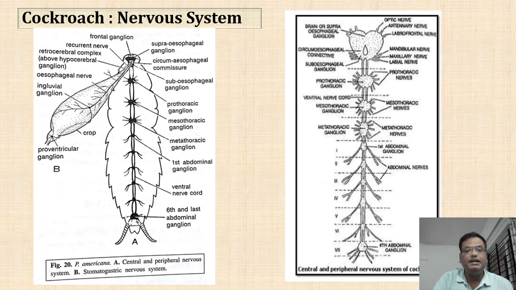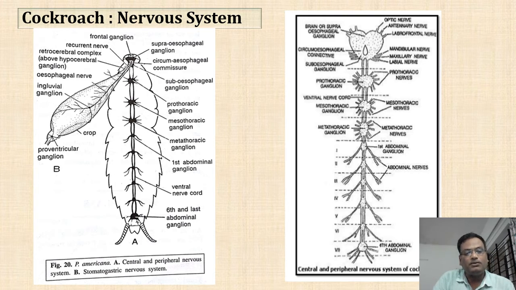supraesophageal ganglia and subesophageal ganglia. So the part of the ganglia which is present above the esophagus is called supraesophageal ganglion, and the part which is found below the esophagus is called subesophageal ganglion.